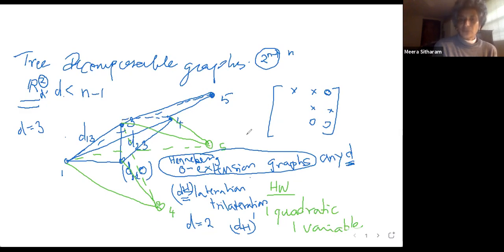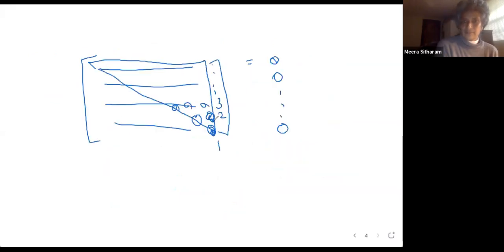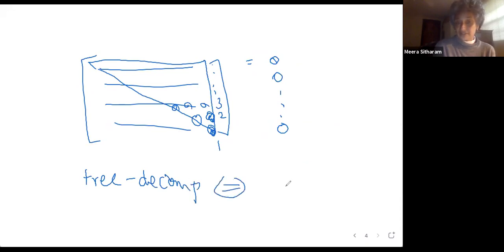So essentially you have triangularized this polynomial system, where each time you're solving with one fewer variable, and because we have tree decomposable graphs, we actually have a triangular system where the degree does not increase.